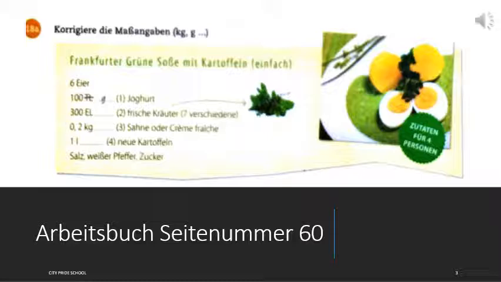You have to write the correct one. Sahne oder Creme Fraiche. Sahne is cream and Creme Fraiche is also a name of cream. 1 liter is given. Neue Kartoffel, new potatoes. Salz is salt. Weißer Pfeffer is white pepper powder. Sugar is sugar. So now you try to correct the measurements and then we will discuss the answers.